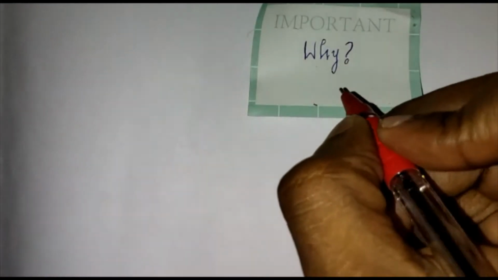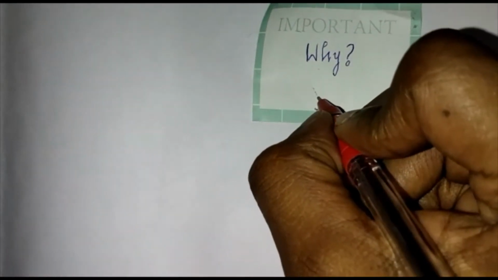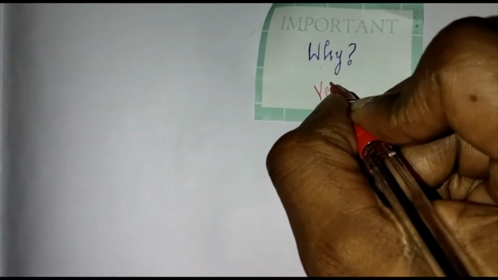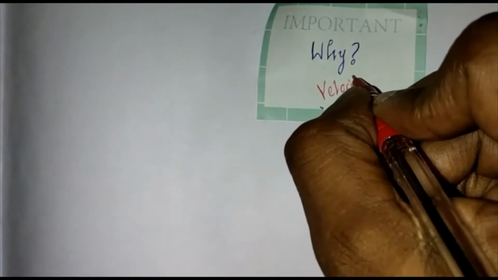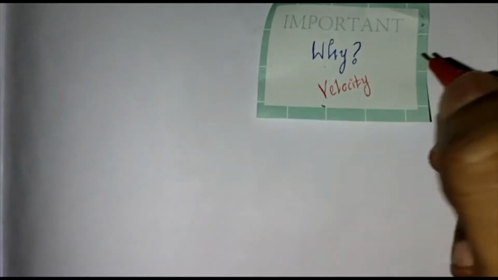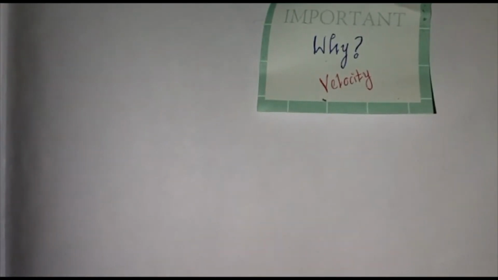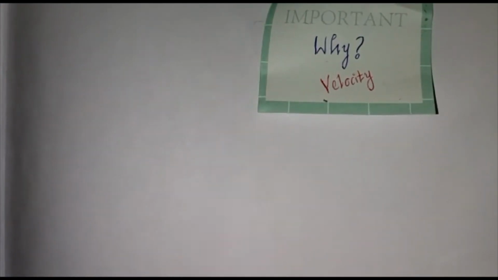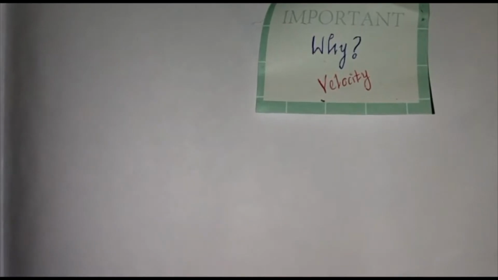The reason why we want to derive this particular equation is we can extract a valuable piece of information. And what is that valuable piece of information? Well, you can extract velocity. So without having to measure the velocity practically, you can actually get the information of velocity.